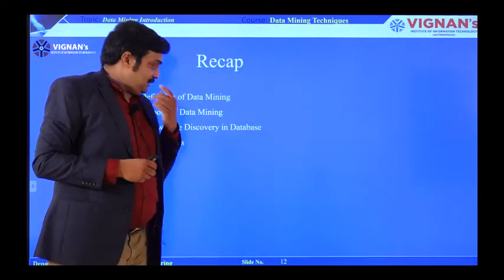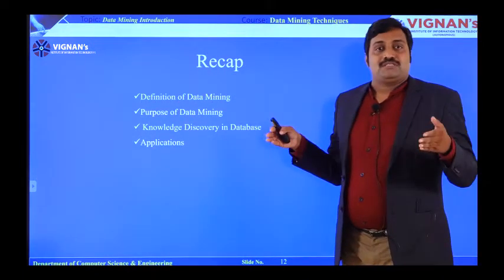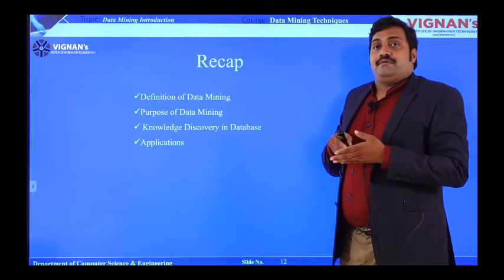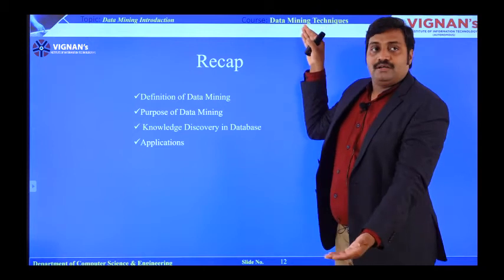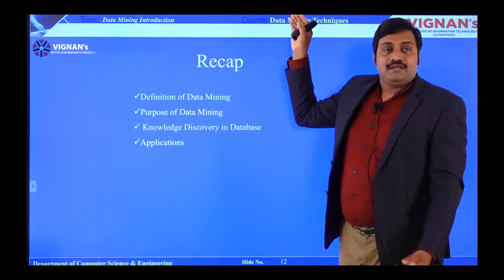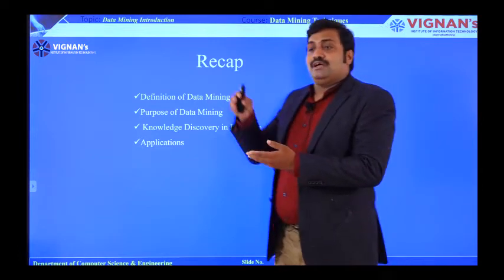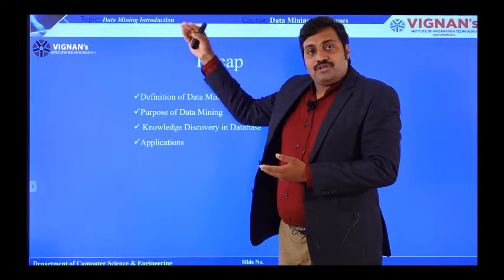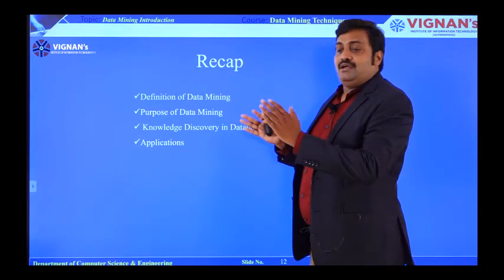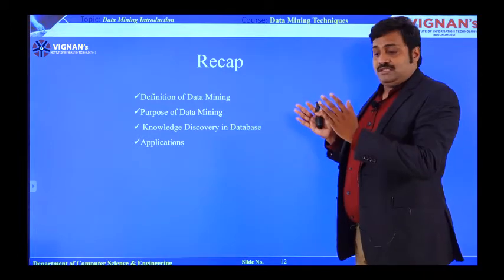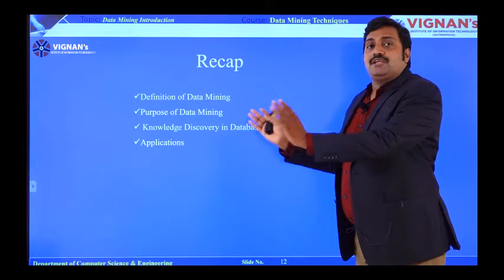Knowledge discovery in databases: the stages of the data mining process. We have various stages from raw data to knowledge discovery. With raw data, we do the data cleaning process, then move to the target data, then move towards the data warehouse, where data can be stored in various formats in data cubes, and finally structured data is available in the data warehouse.